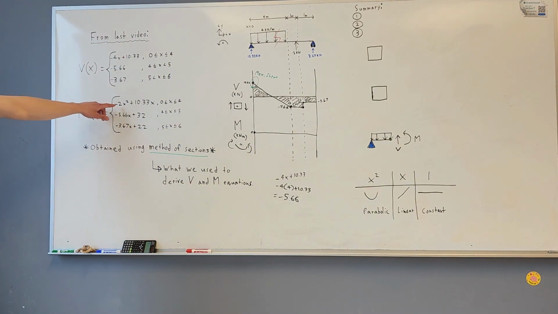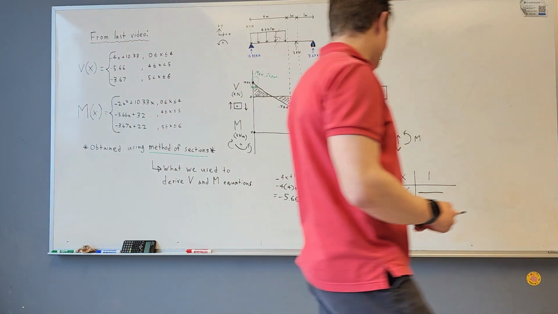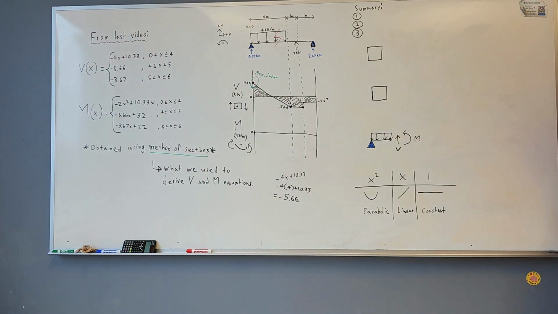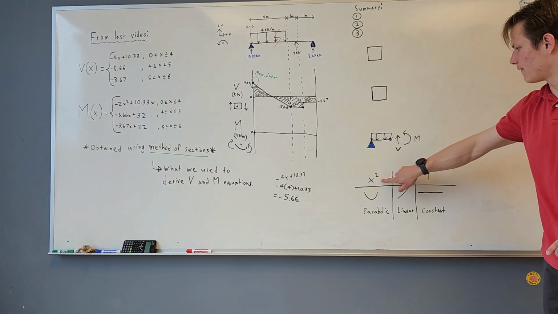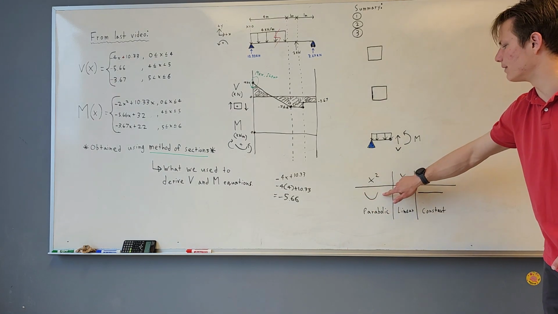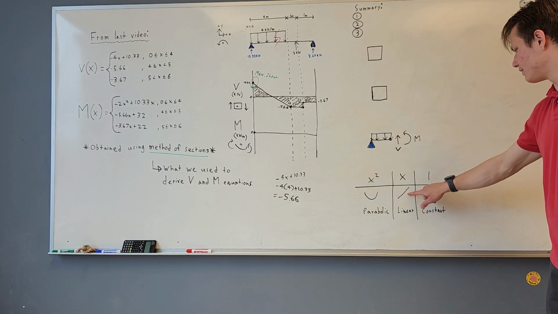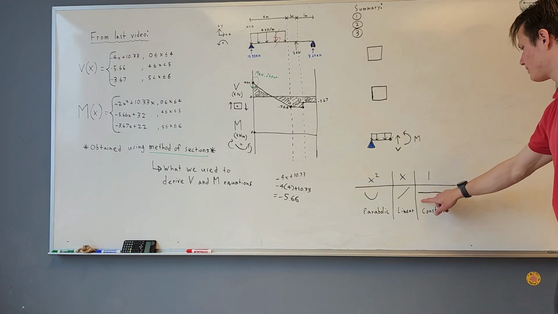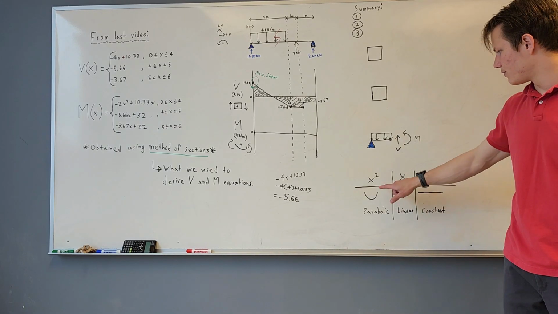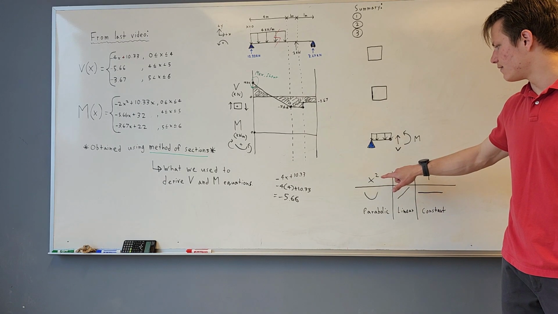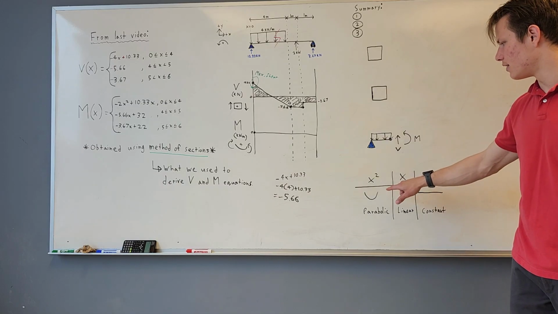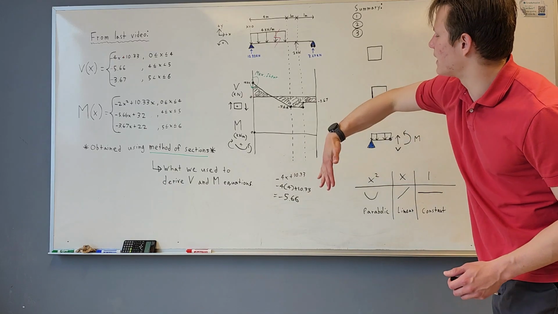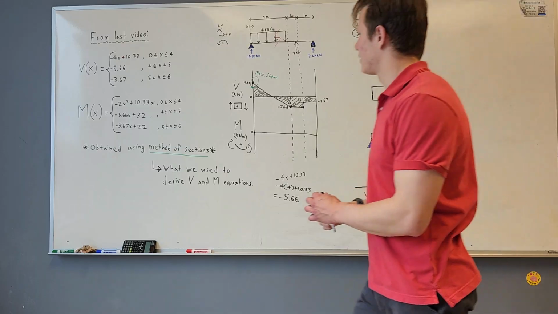And then we have a negative x squared term. So recall that when we have x squared, this represents a parabolic formula. X is linear, and a number is just a constant. So when we have an x squared that's negative, we have a parabolic shape that's curving downward.